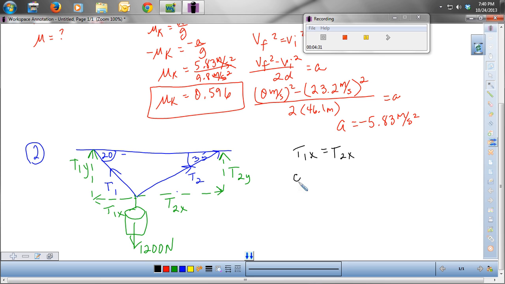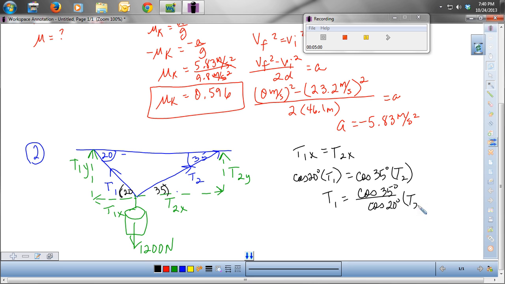T1x is going to be the cosine of 20 degrees times the hypotenuse T1, and then T2x is going to be the cosine of 35 degrees times T2. So T1 is going to be the cosine of 35 divided by the cosine of 20 times T2.